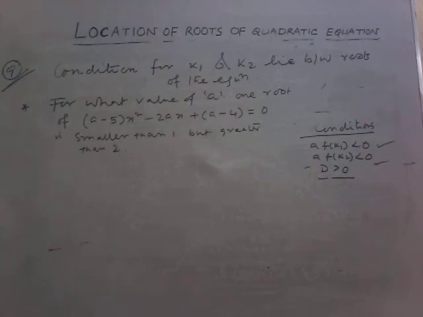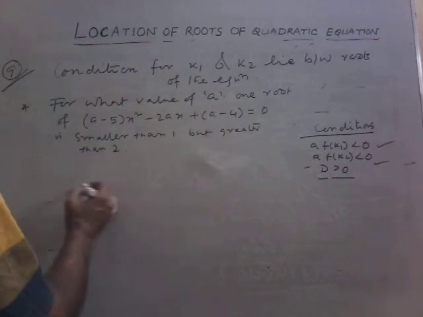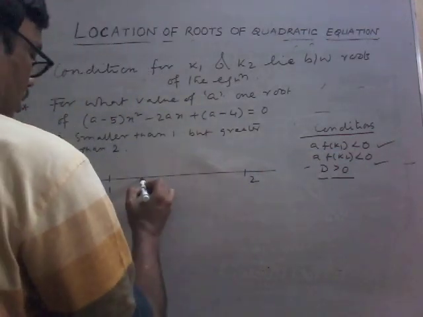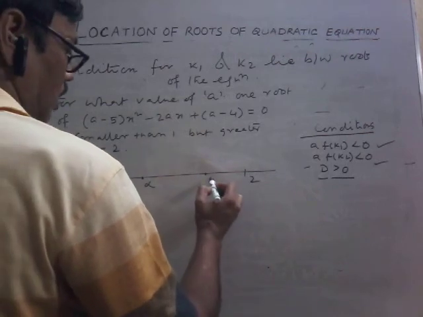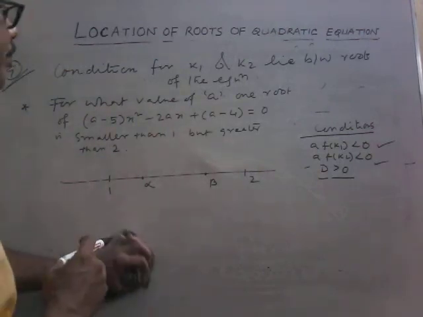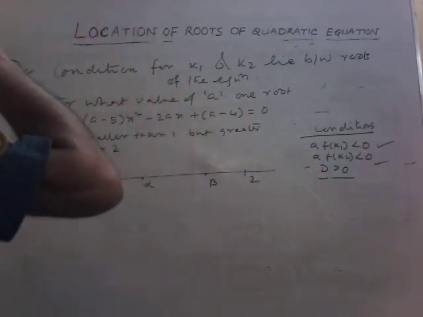Smaller than 1 but greater than 2. This is 2, this is 1, this is alpha, this is beta. For what value of a?